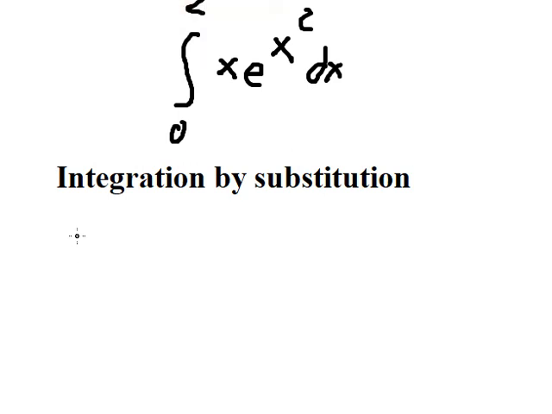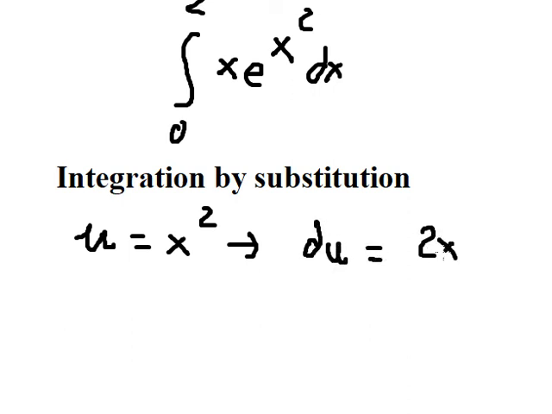So I will put u equals s squared. Later we take the first derivative of both sides, and that is du equals 2s ds. Next, we divide both sides by number 2.